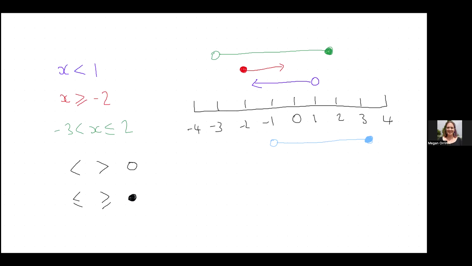You don't need to draw it. You just need to tell me the inequality. You're just writing one of these, right? There's no need to draw it. You're just writing me an inequality that is represented by this blue bit. So write one of those for the blue one.